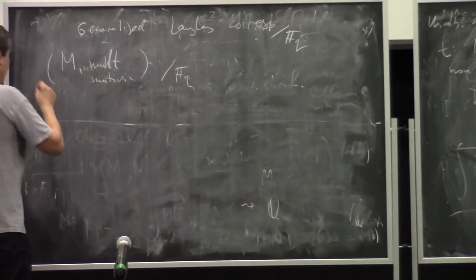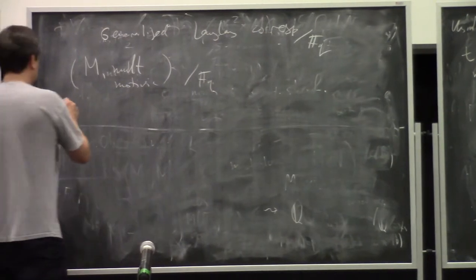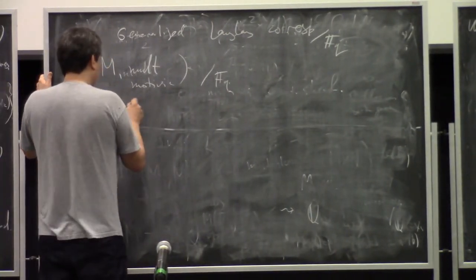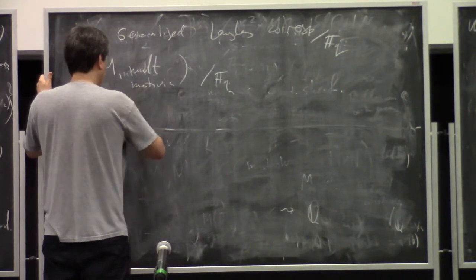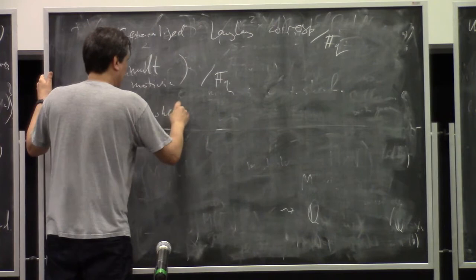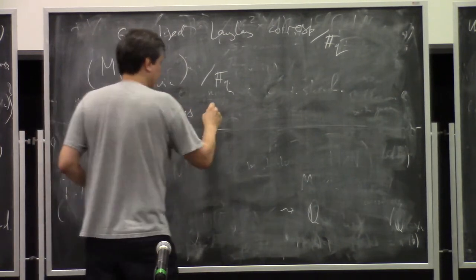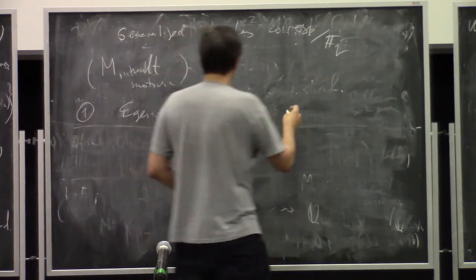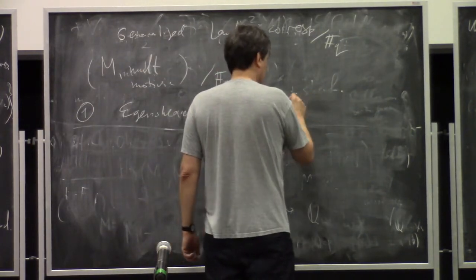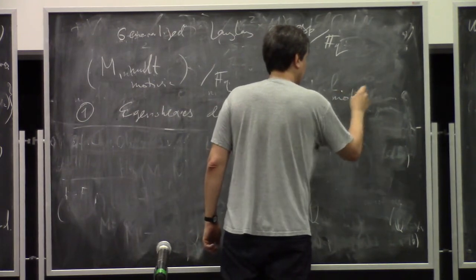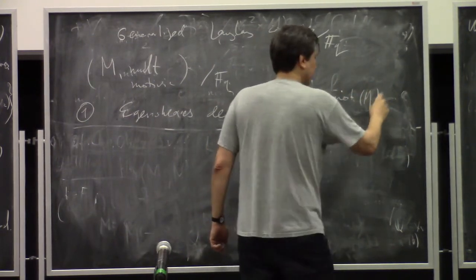Now one can ask the following three levels of equations. We consider eigensheaves, defined over FQ. So it means that we get this L lambda, which is in Motivic sheaves on M, maybe with coefficients in Q bar.